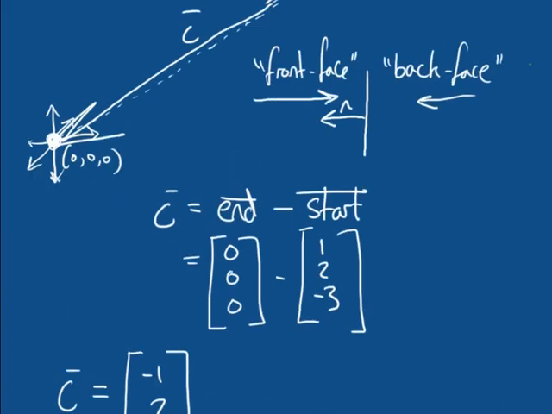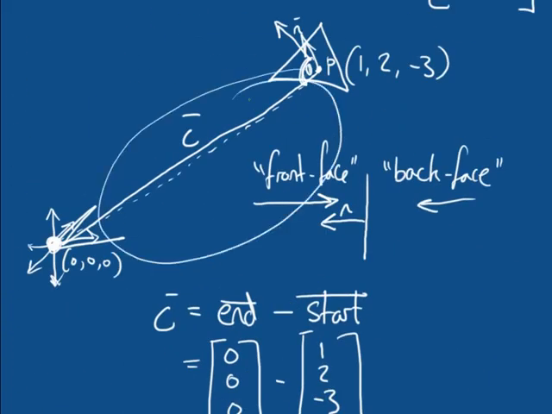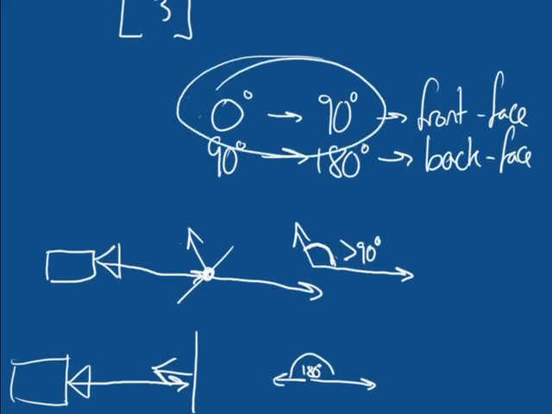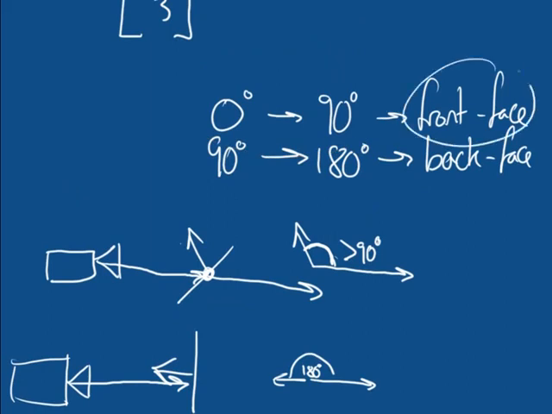So again, it doesn't matter which way you construct that vector as long as you take note of it in your later calculations. If, like me, you've constructed a vector that goes from the point on the surface to the camera, then if the angle is between 0 and 90 degrees, we're looking at the front face, and if it's between 90 and 180, we're looking at the back face.